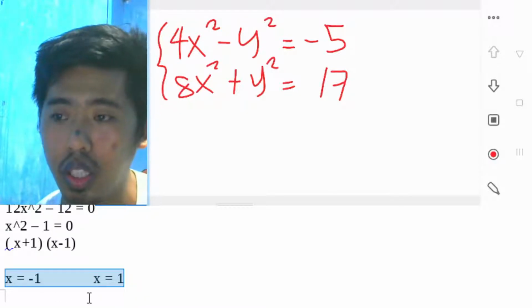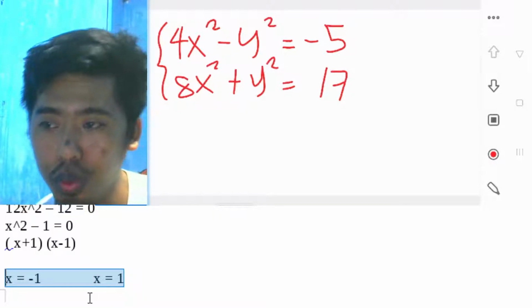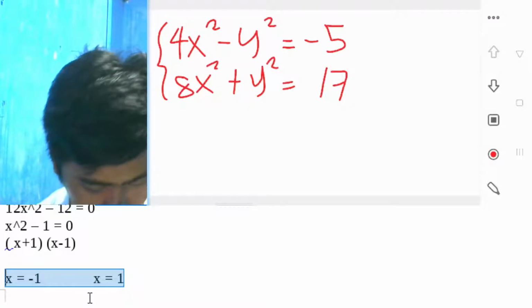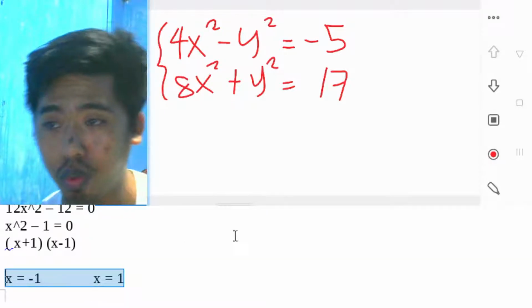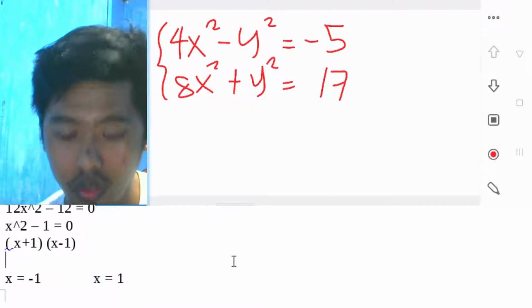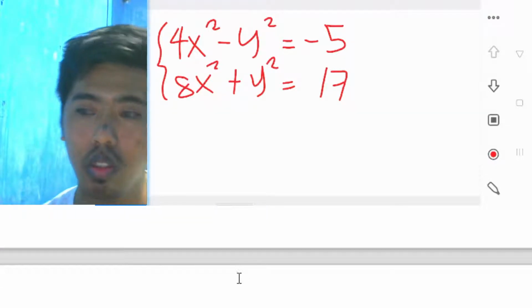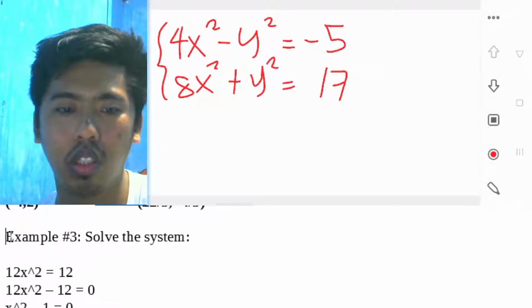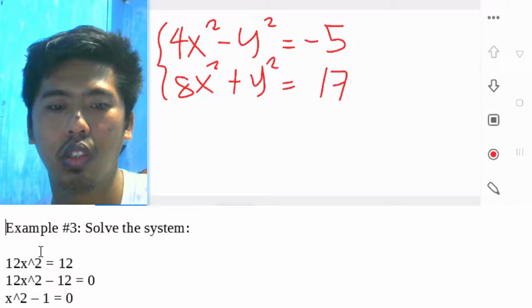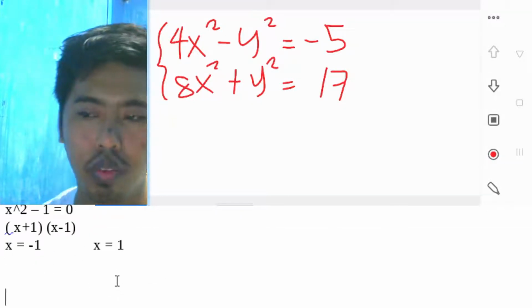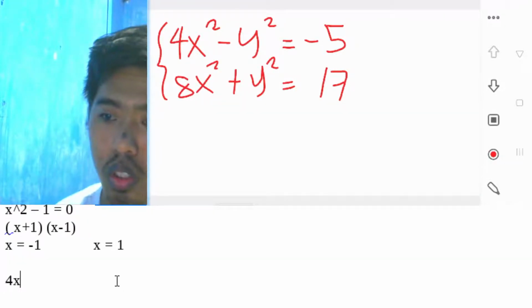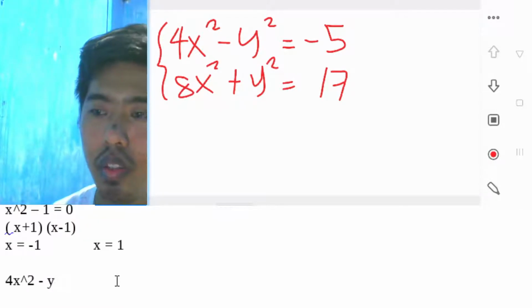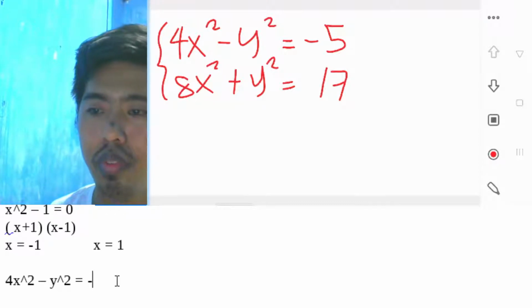Next, we're going to use these numbers and put them in the upper equation. Let's start with 4x squared minus y squared equal to negative 5.